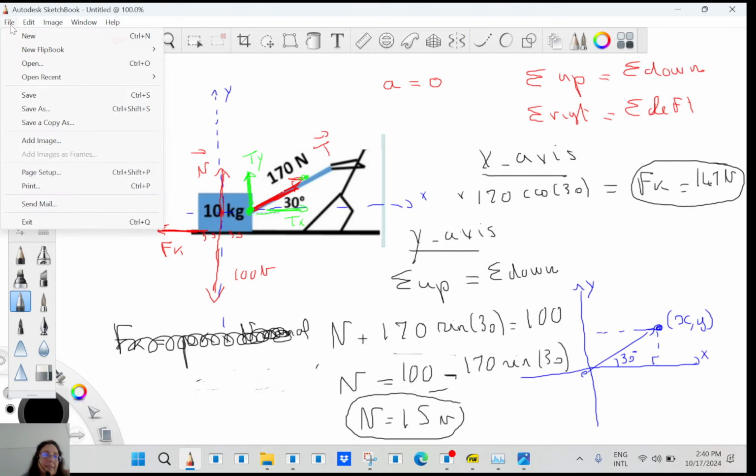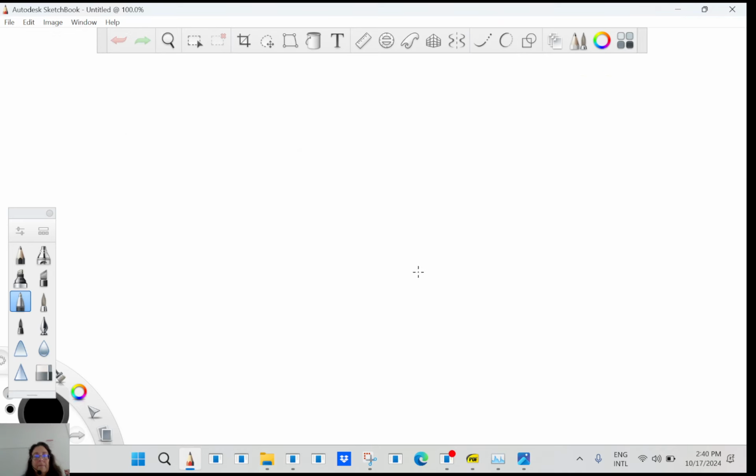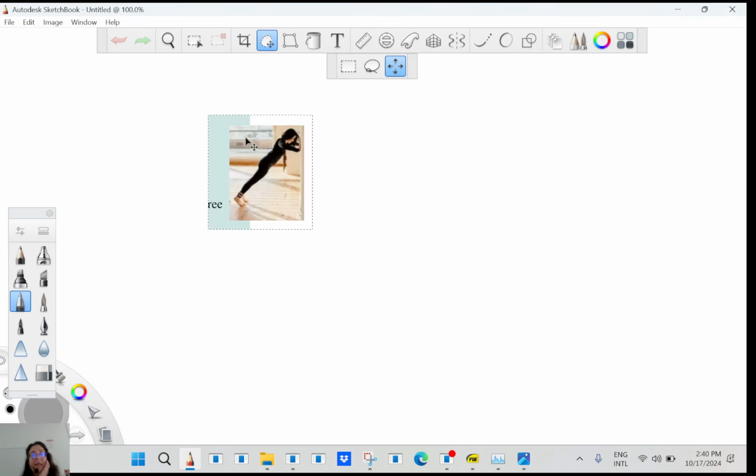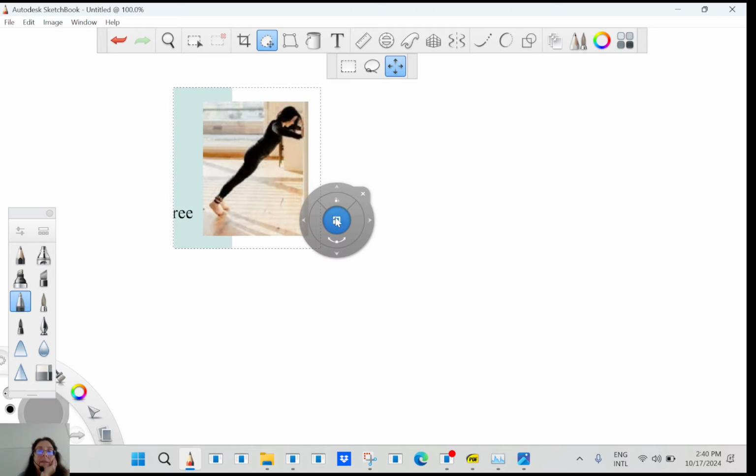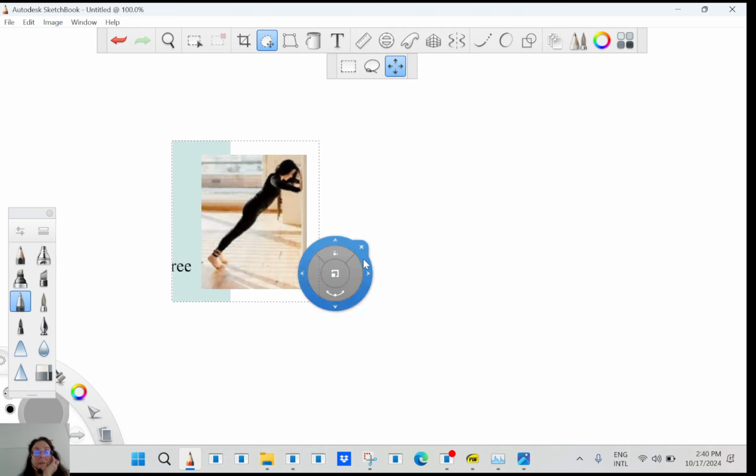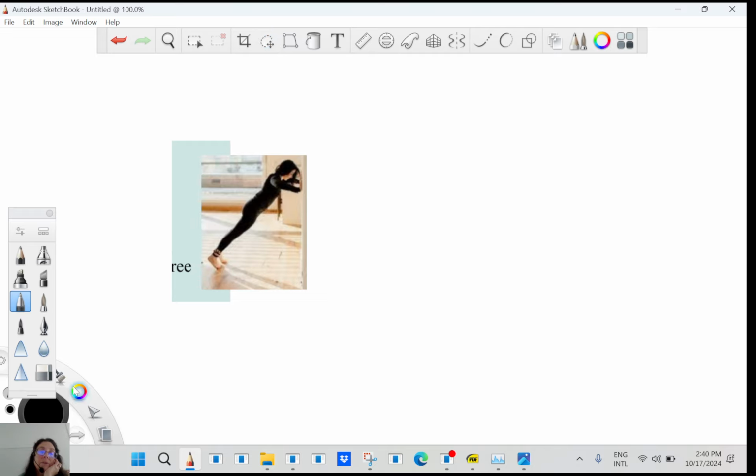Okay, the lady. So what are the forces? And she doesn't slide, right? So what are the forces acting on her? Huh? Gravity, very good. So gravity somewhere here, that's the center of mass. What else?